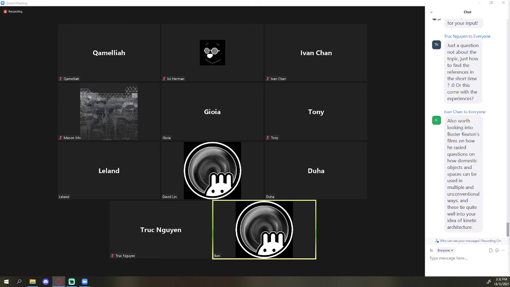So I think the next step would be looking at, like Leland said, the smaller scale with the claddings, and then also the configuration of these blocks and how they work together to confine spaces and create new types of spaces.